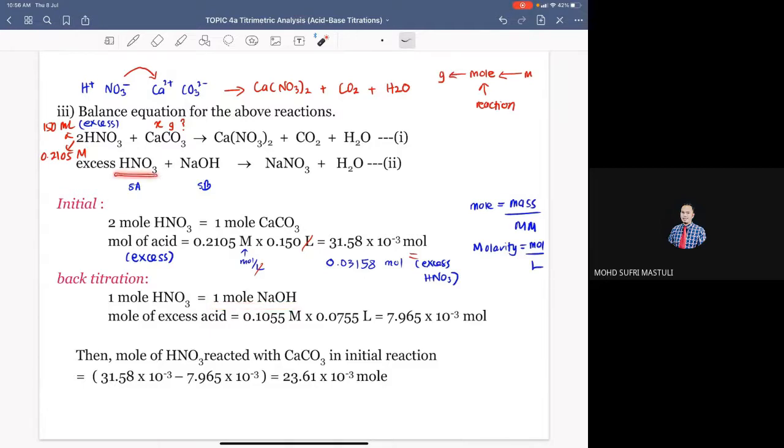So back titration is to determine the limiting mole.